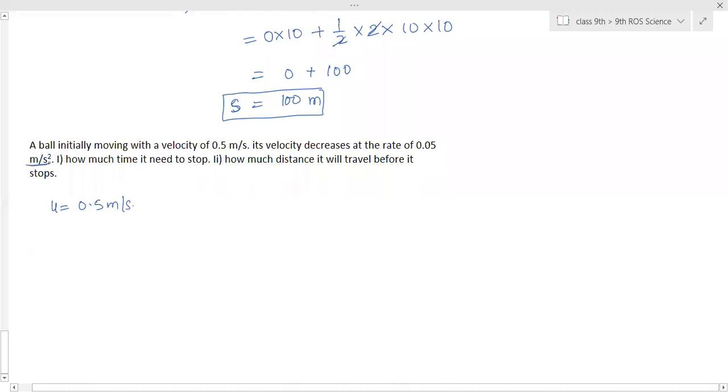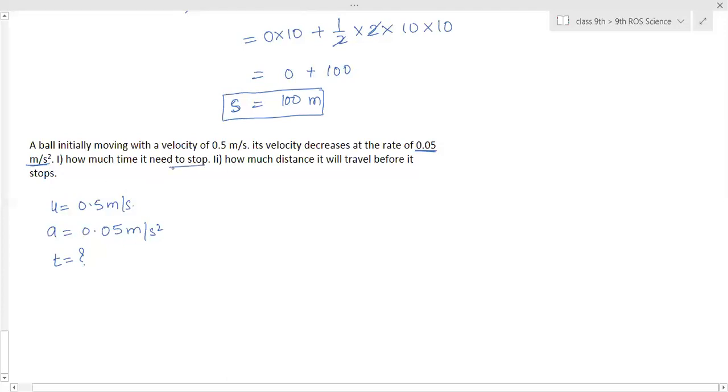At the rate of, that means decreases at the rate, this is acceleration. Acceleration is 0.05 meter per second square. If you are confused, always check the unit. Meter per second square is the unit of acceleration. Then you have to calculate the t value, time duration.